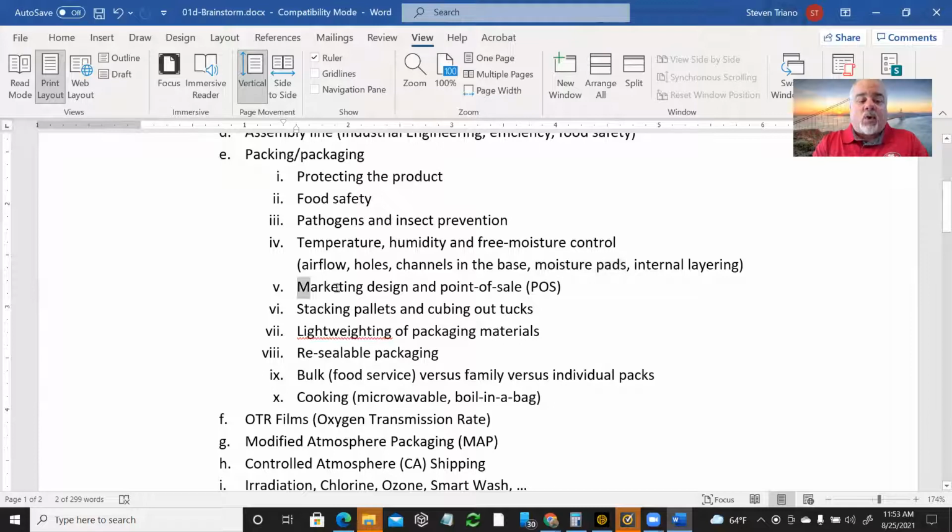But it not only has to work for the product, it has to work for sales and marketing. There's a reason that we don't have cubicle boxes for cereal. One is convenience. You can grab the box of cereal and pour it easier. And you've got this rectangular advertisement sitting on the shelf. It's taken up a lot of shelf space.